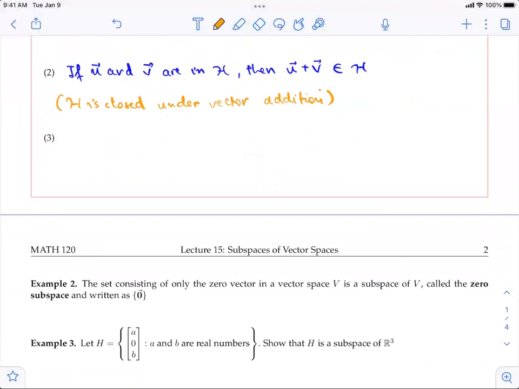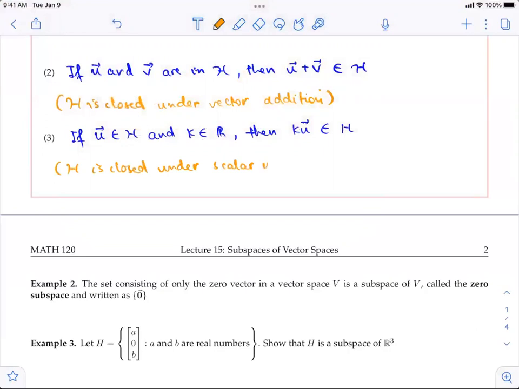The last condition is that if u is in H and k is a real constant or scalar, then the product k times u is also in H. We say that H is closed under scalar multiplication.